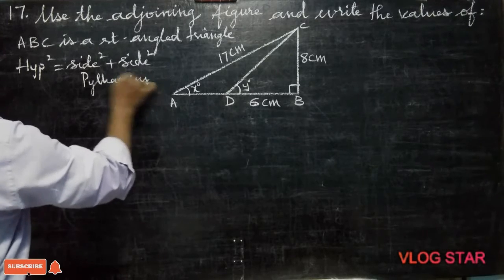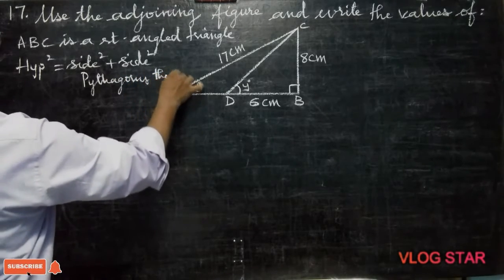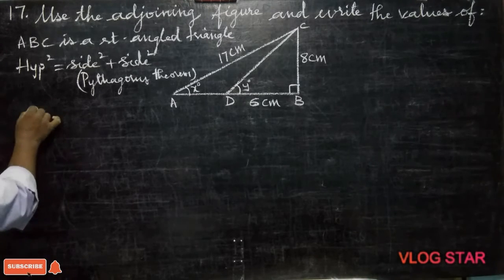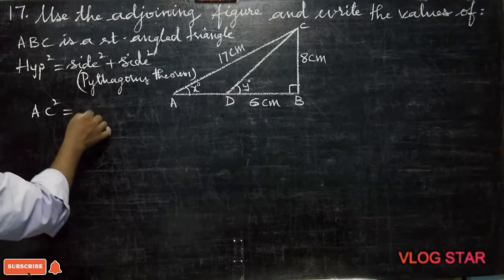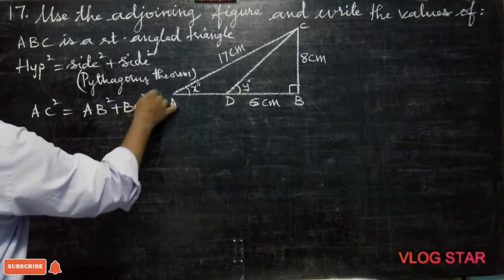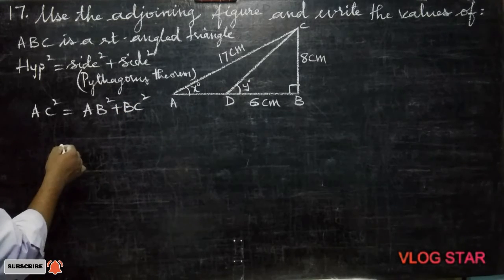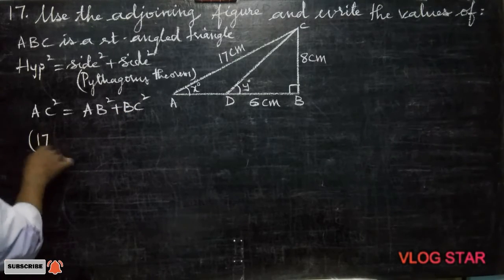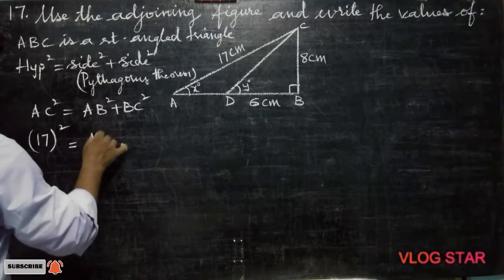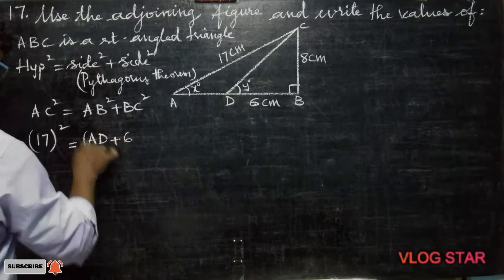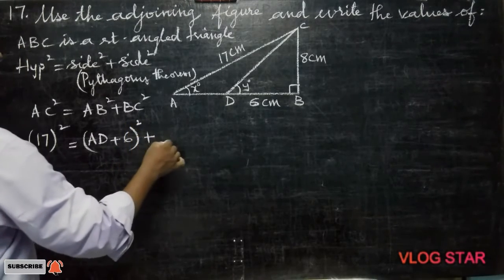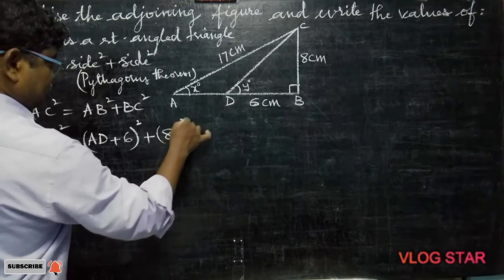Now AC square is equal to AB square plus BC square. AC they have given as 17. So 17 whole square is equal to AB, which is AD plus 6 together, whole square, plus BC 8 square.